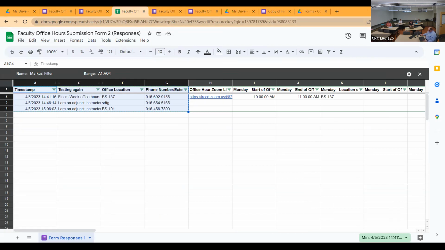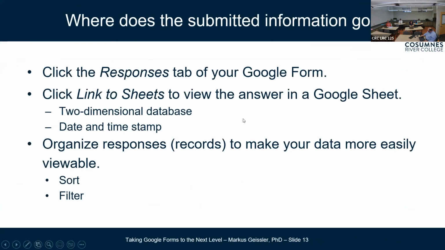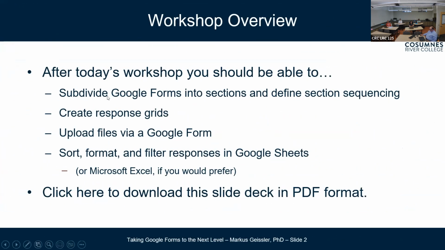So in summary, what you should have learned today was, on top of the existing Google Sheets workshop that we did last semester, hopefully you also had the opportunity to look at the subdivision of forms into multiple sections and how to define that sequencing by going to a question, and it doesn't work for all questions, but like multiple choice, where you have the option, based upon the selection, to move to a different section.